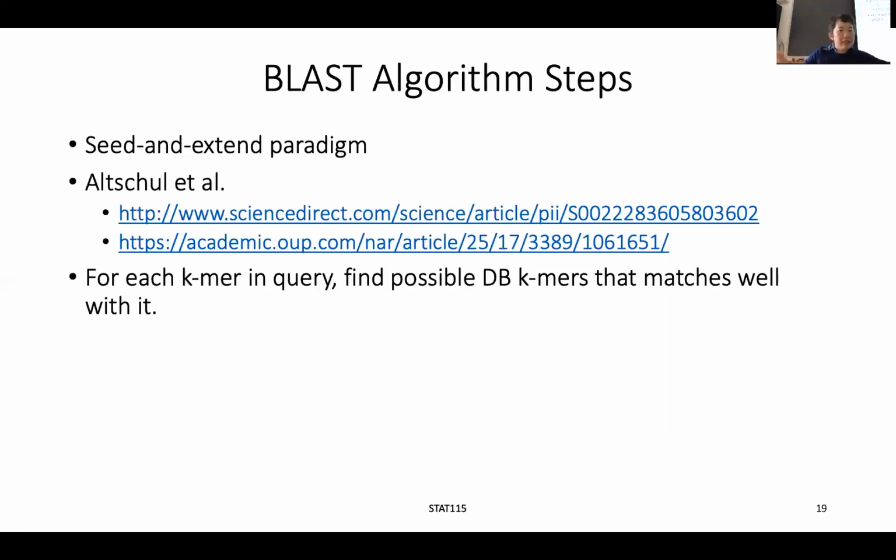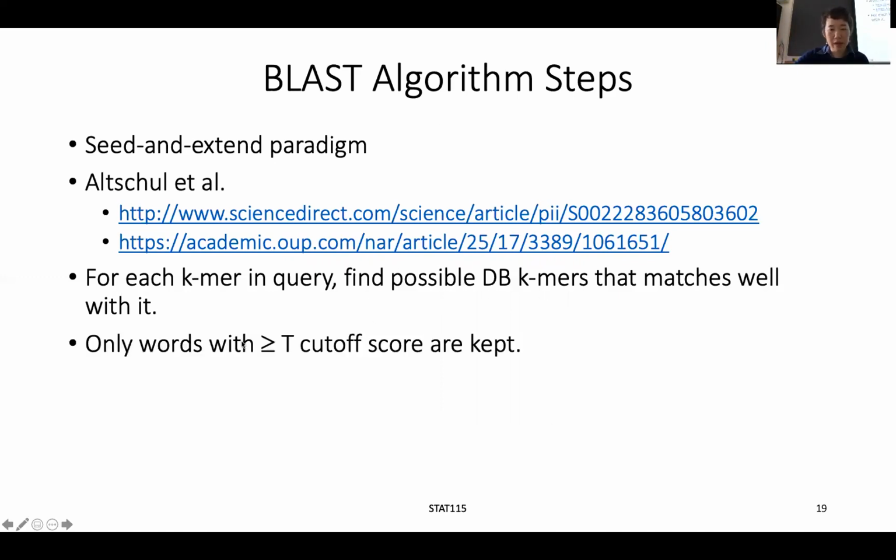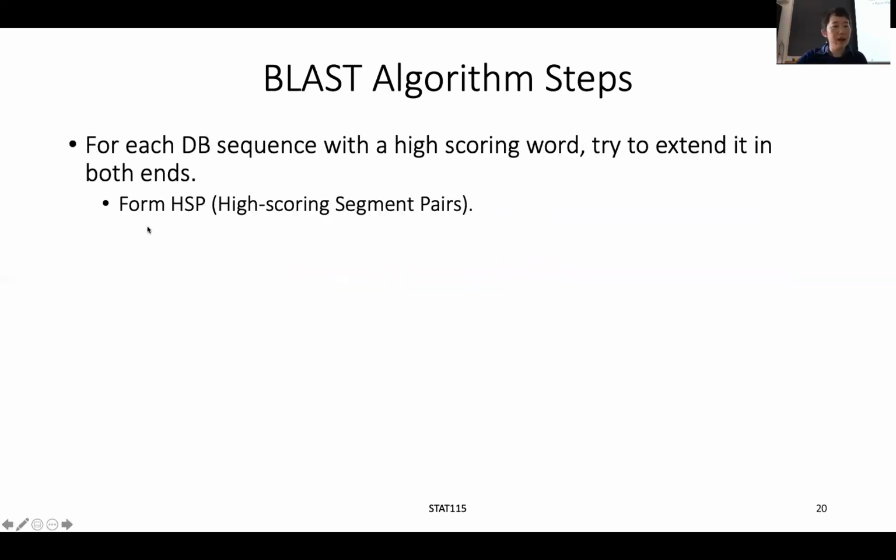And then you try to extend that initial match a little bit further and say, can I do a little better than this? You find all the database k-mers that match well with it, and you select some cutoff, so anything that matches at least to the cutoff is kept. And then with the initial seed of the matching, you try to extend until they don't match anymore.